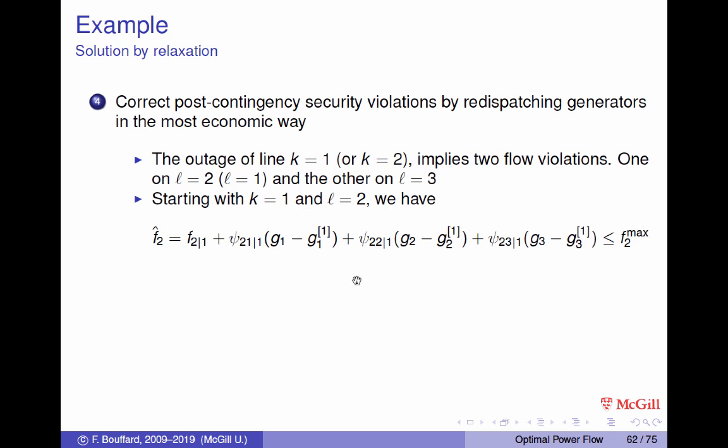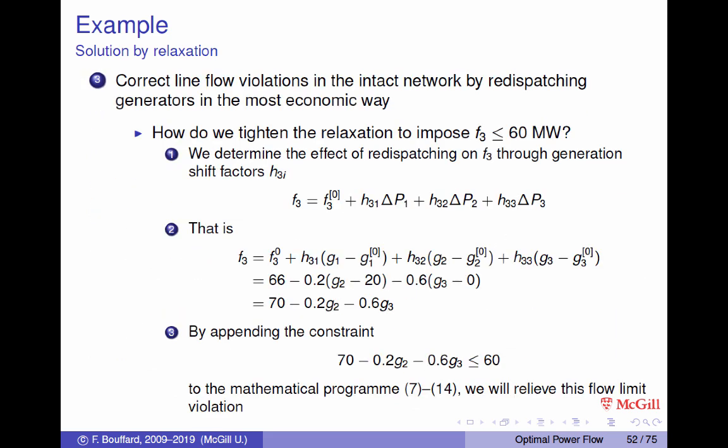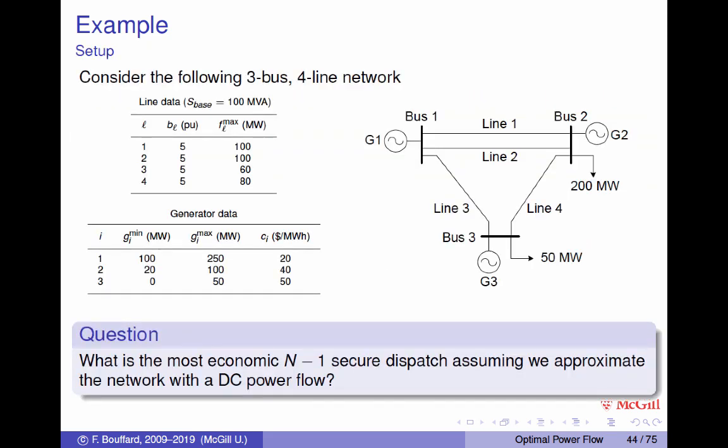So we have our inequality here, which has to be less than F2 max. And we need to calculate compensated shift factors. In this case, actually, we can derive them by inspection. If we go back to the power system, so here we've lost line 1, and we want to know what is the impact of, for example, injecting one megawatt and taking it out at node 1, which is 0.